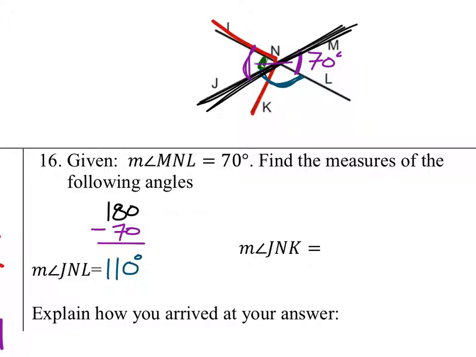This one is vertical with angle MNL, so that means this one is 70 degrees. Angle JNK is the rest of this 90 degree angle. So I'm going to take my 90 degrees and subtract 70, and that would be 20 degrees. Very good.